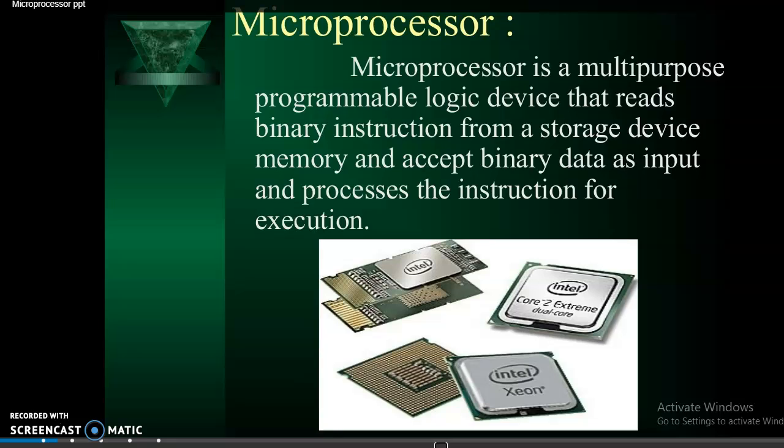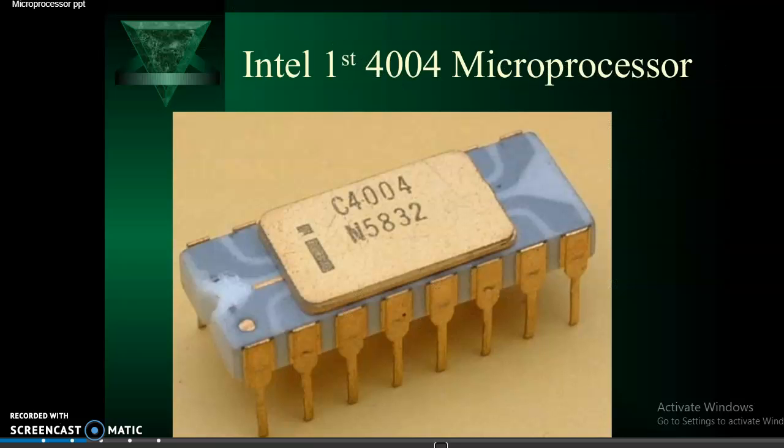In the picture I have shown here is the Intel 4004 microprocessor. This is the first microprocessor used for studies and laboratories in colleges. This is an example of an IC, integrated circuit.